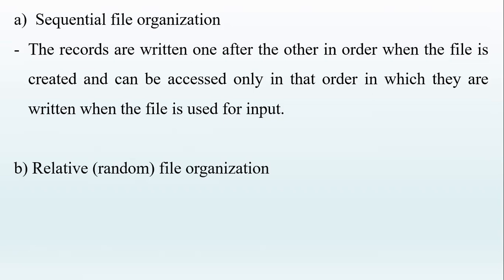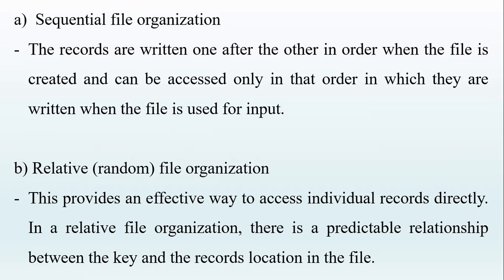Number two, we have relative or random file organization. This provides an effective way to access individual records directly. In a relative file organization, there is a predictable relationship between the key and the record's location in the file.